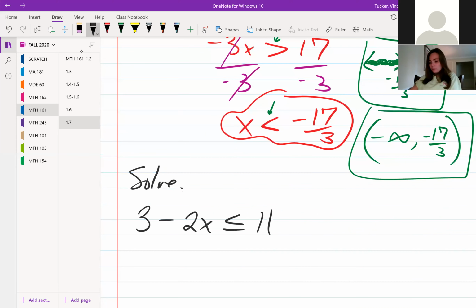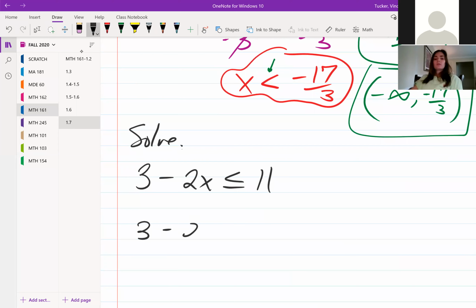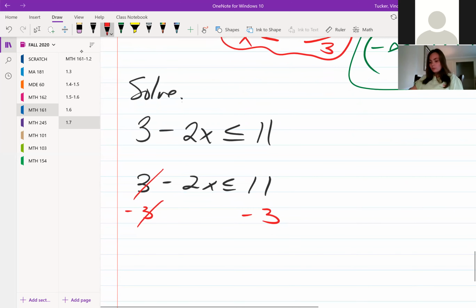if I have 3 minus 2x less than or equal to 11, want to solve. Just like before, subtract 3 from both sides. 3 will cancel. Negative 2x less than or equal to 8.